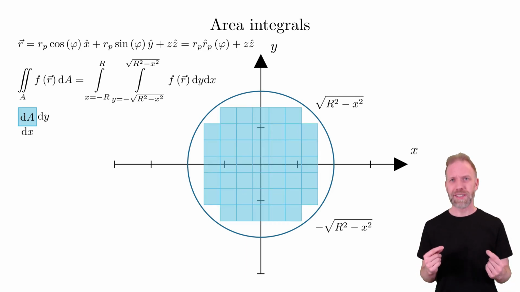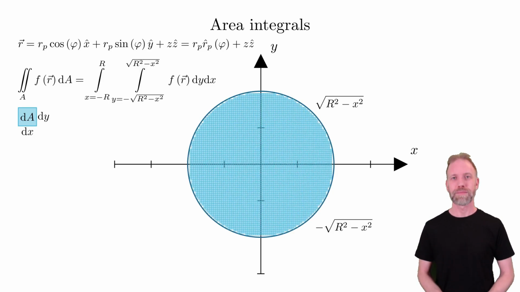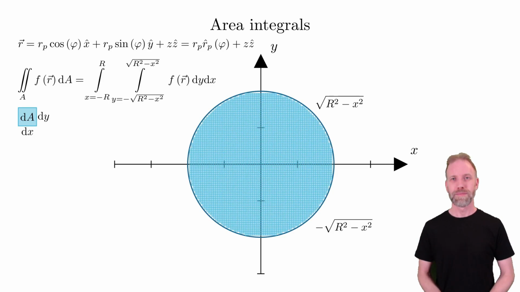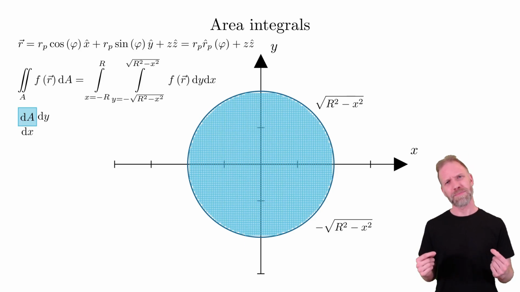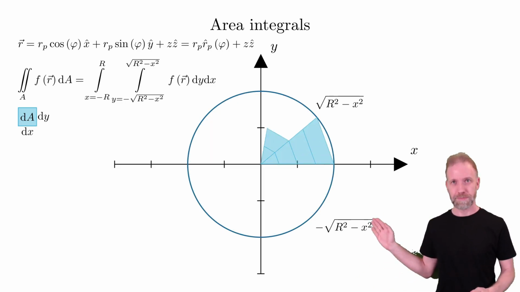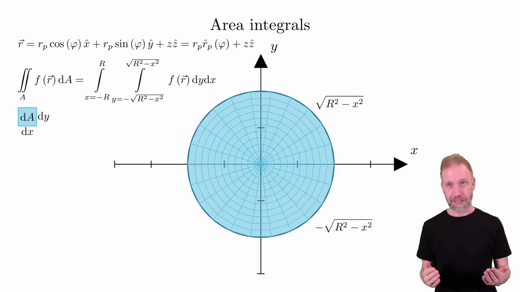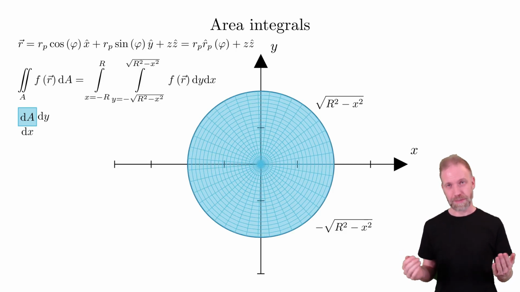Now we can fill the circle with the rectangles and let the number of rectangles go to infinity. However, there are alternative ways of filling the circle with area elements. Consider the following. This is how the area elements will look when we use polar coordinates instead, and let the number go to infinity.